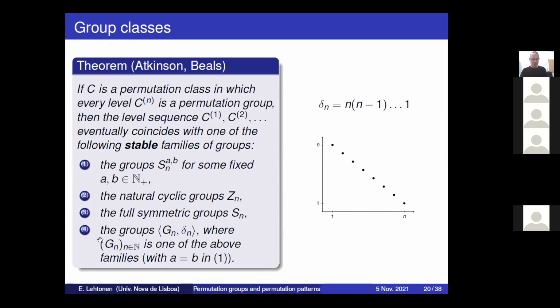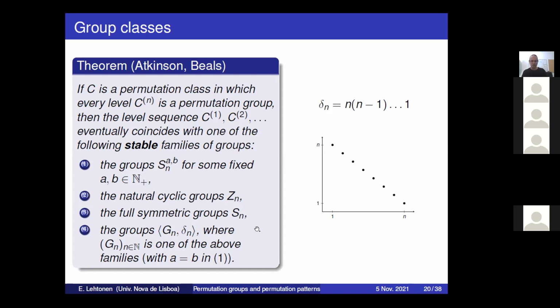And then we have the families of groups of the form generated by G_n and δ_n, where G_n is one of the above families, and δ_n is the descending permutation. Written as a word, it is n, n minus 1, down to 1. The plot is this descending plot. What do we obtain when we take one of these groups together with δ?